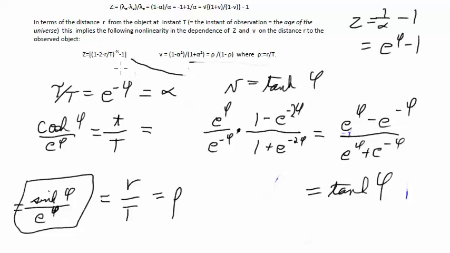So yes, this part comes out right. Velocity is 1 minus alpha squared divided by 1 plus alpha squared, equal to hyperbolic tanh of phi.